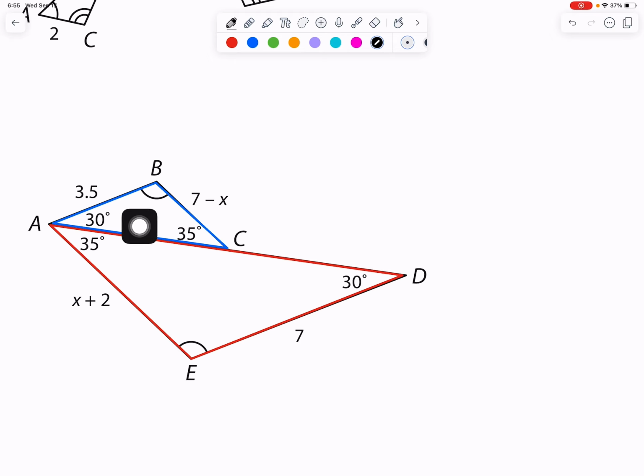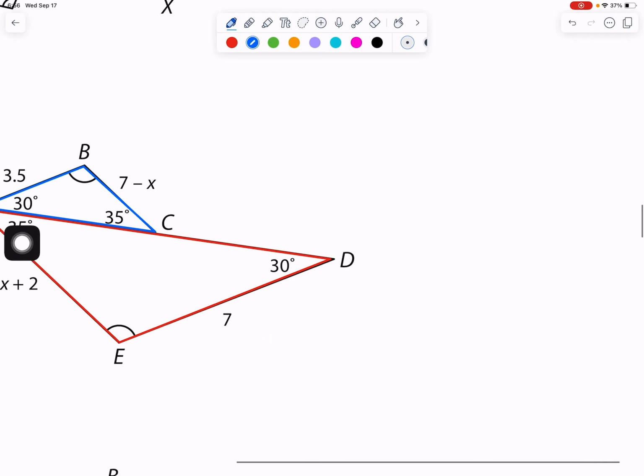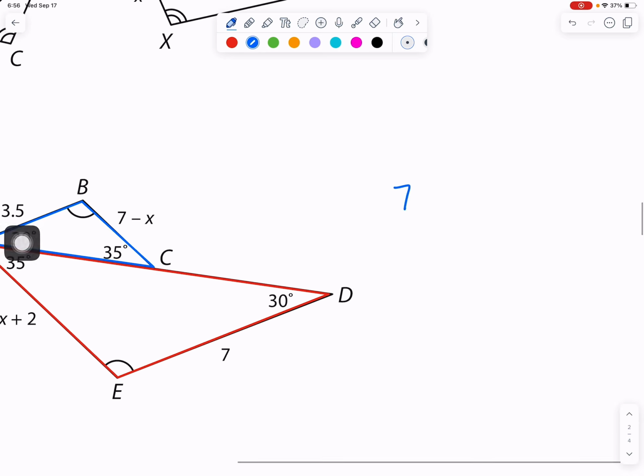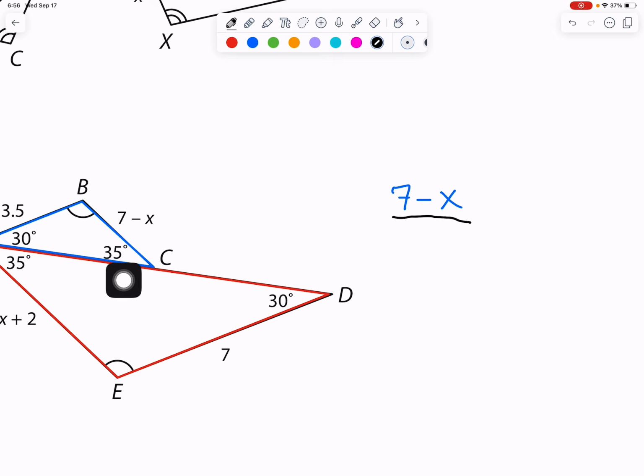All right, so on the blue triangle, between B and C, we have 7 minus x. If it's asking to solve for x, between B and C, which is 1 arch to 35 degrees, we have 7 minus x. Now remember, we need to set that up over its corresponding side. I go from 1 arch to 35.